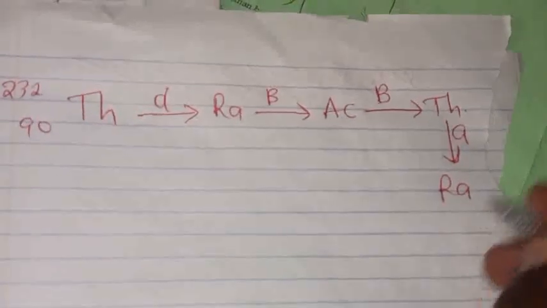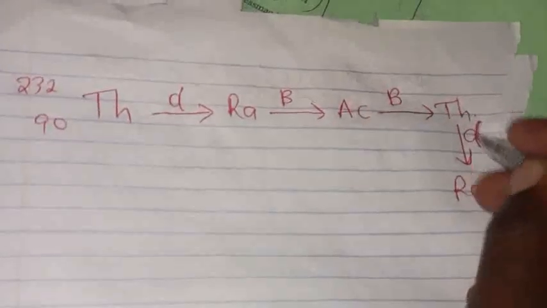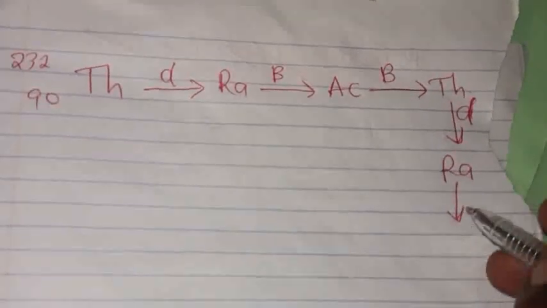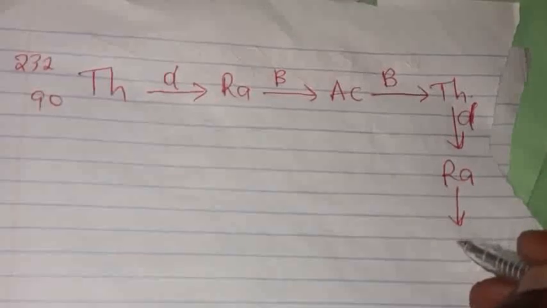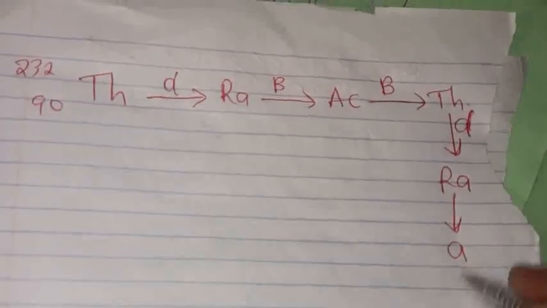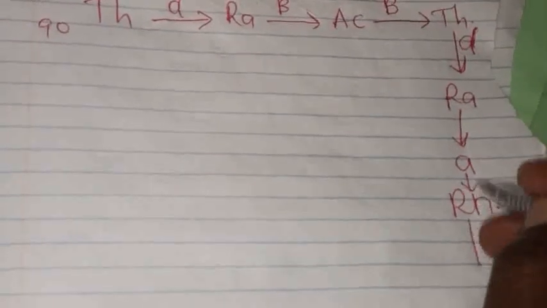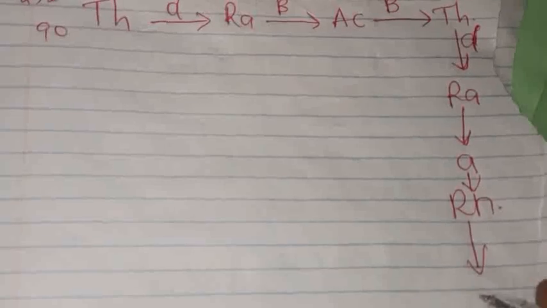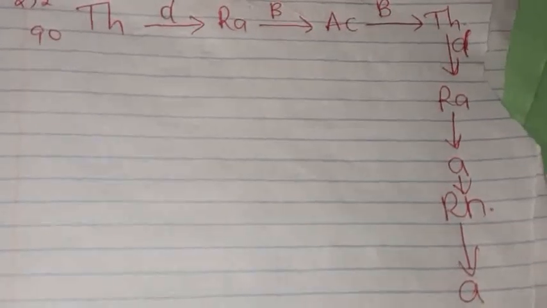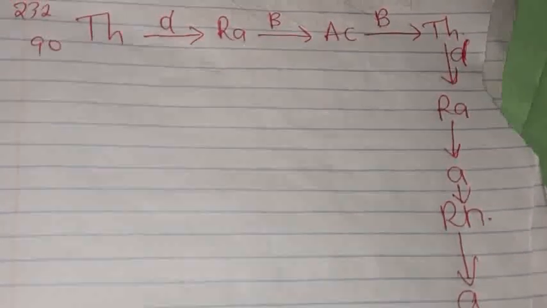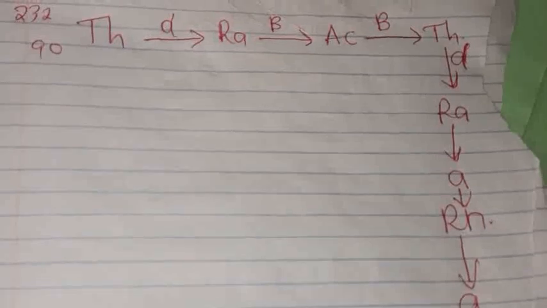Look at that. If it emits even another alpha, it forms Rn. If it further emits an alpha particle, it can form Bi. If it emits another particle like alpha, it can form lead.